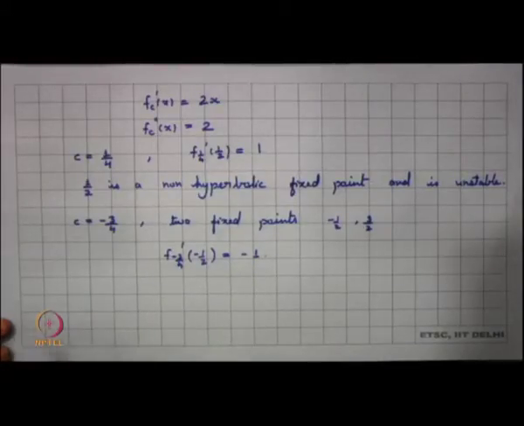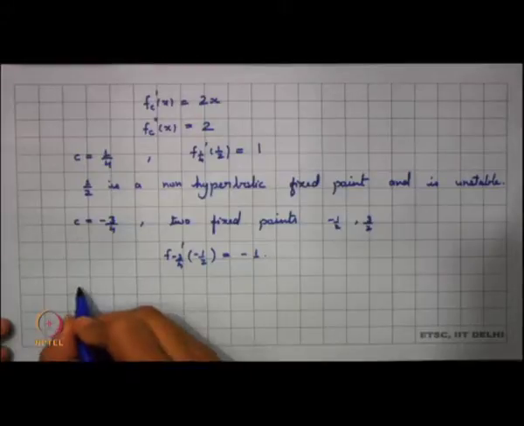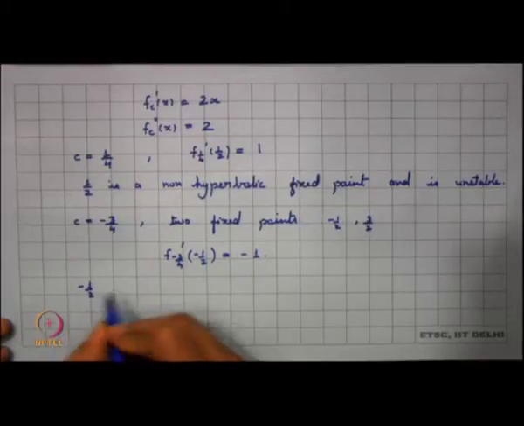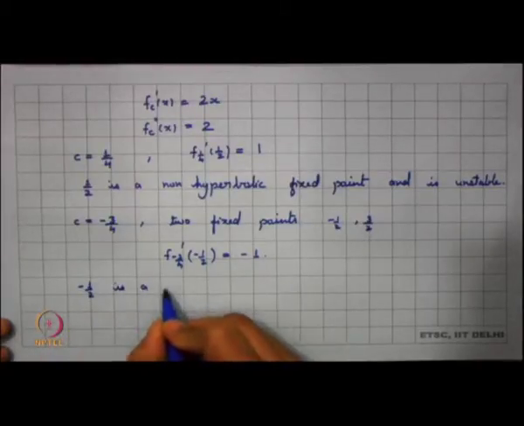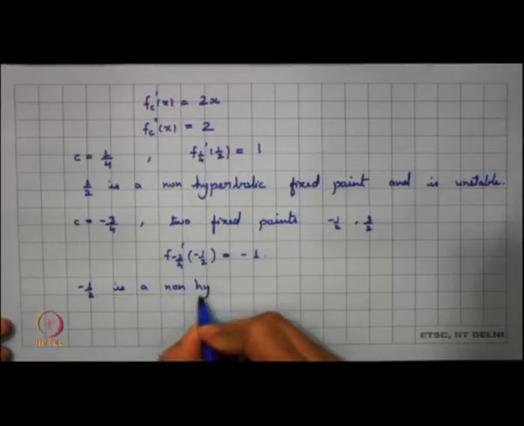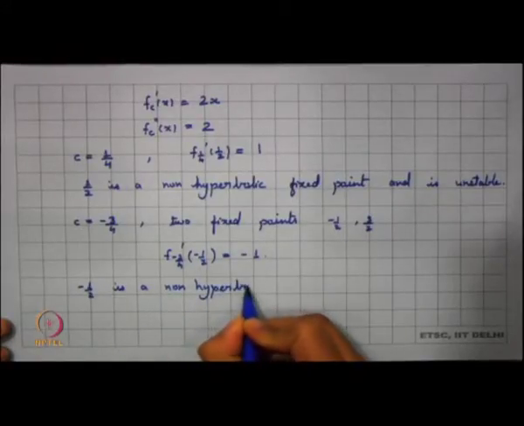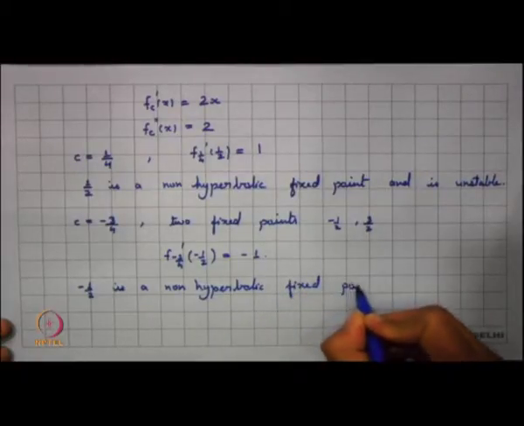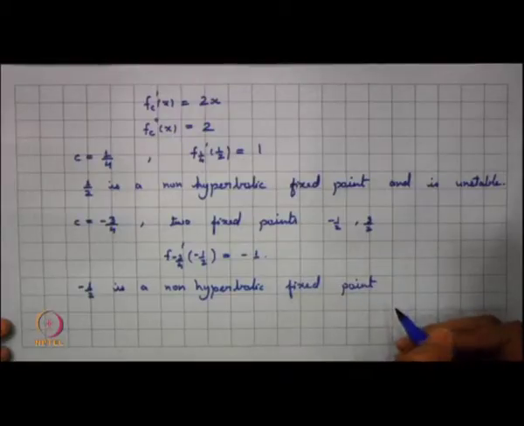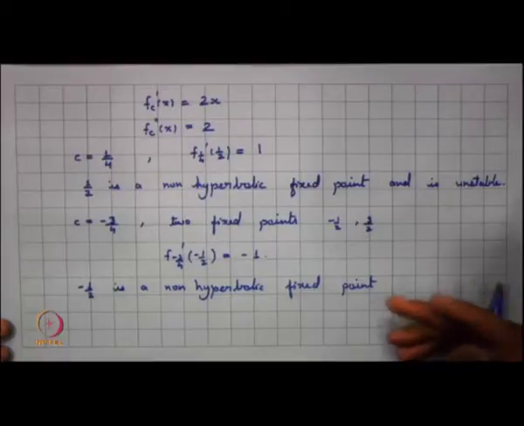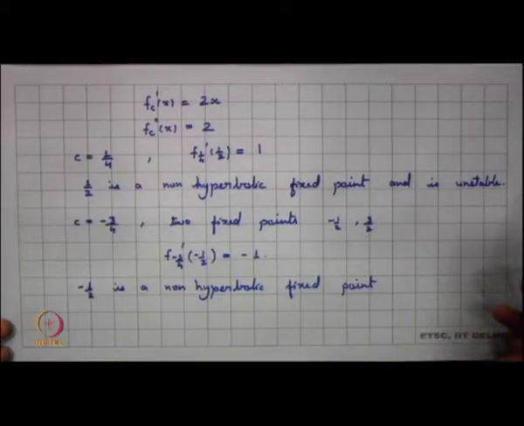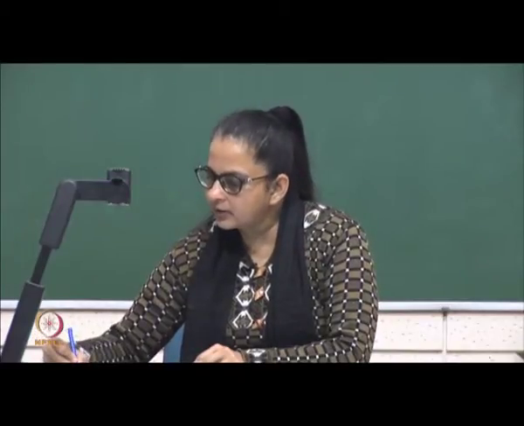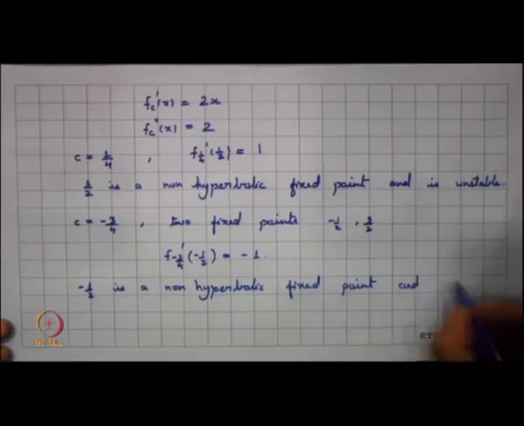So, again here minus half becomes a non-hyperbolic fixed point, and what can you say about this particular fixed point? The Schwarzian derivative here is negative, and hence this is a sink.